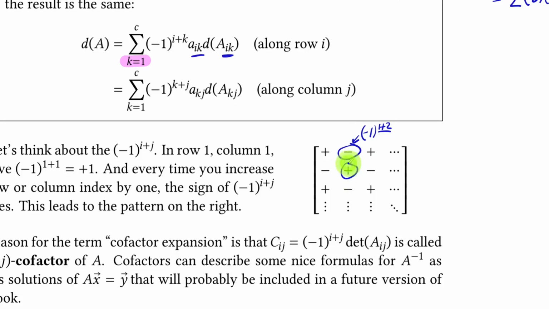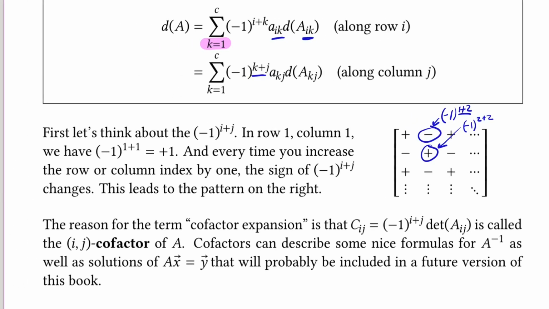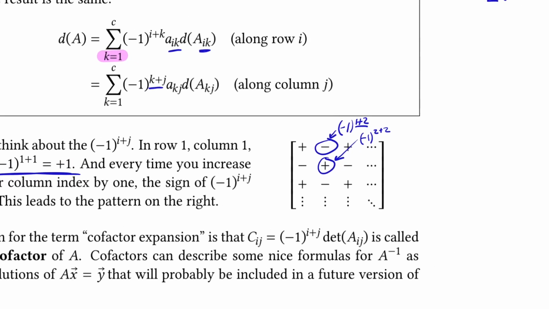And then the second entry is going to be negative 1 to the power 2 plus 2. And whenever the sum of the row numbers and column numbers here is even, then that will give you a positive 1 coefficient there. And every time it's odd, that will give you a negative 1.